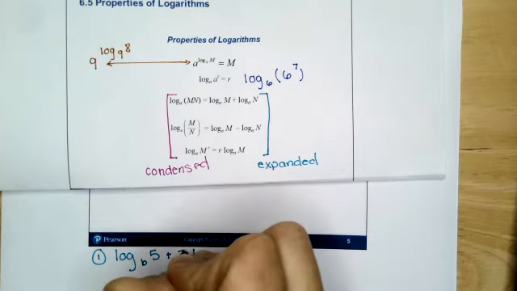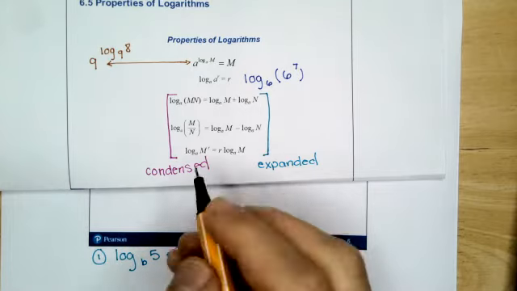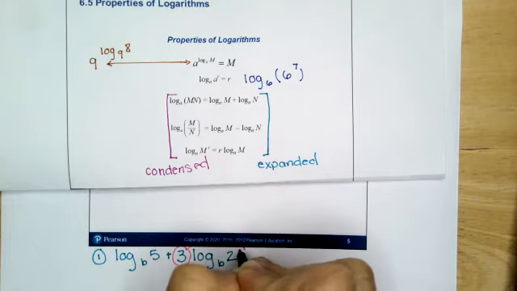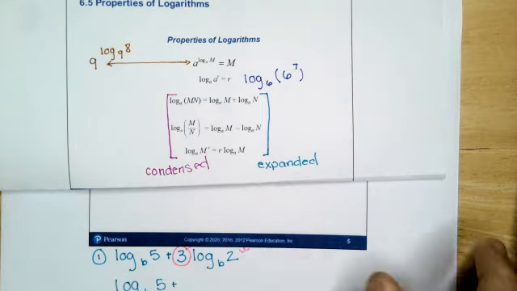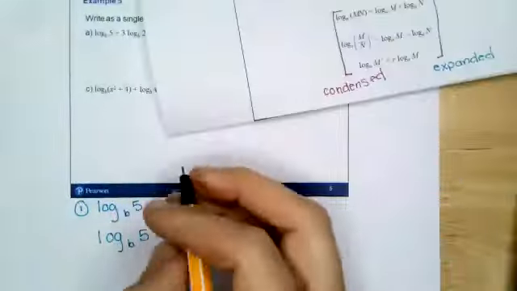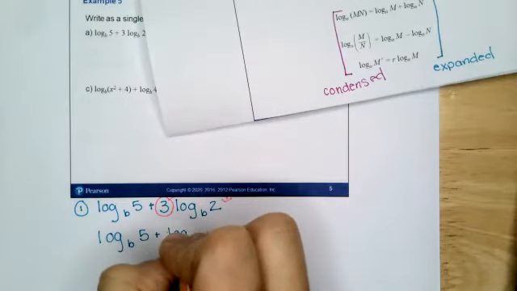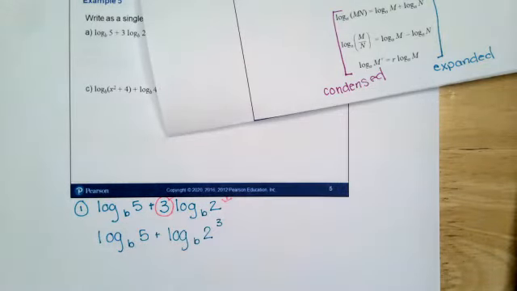The first thing we're going to do is find anything that's out in front of the log and put it back as an exponent. We're condensing, right? So this doesn't change. This remains log base b of 5 plus, instead of that 3, log base b of 2, we're going to call it log base b of 2 to the power of 3.